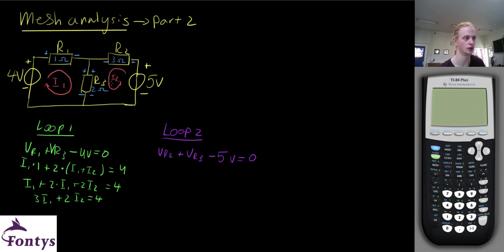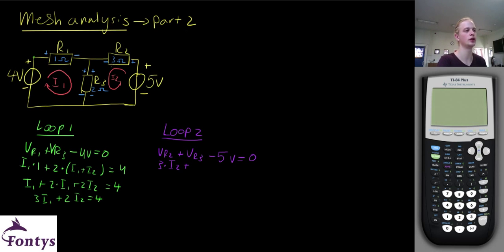Now we're going to do the same again, so we apply Ohm's law to this resistor, which is simple because only I2 flows through it. So you get the resistance, 3, times the current, which is I2, plus the voltage over R3.